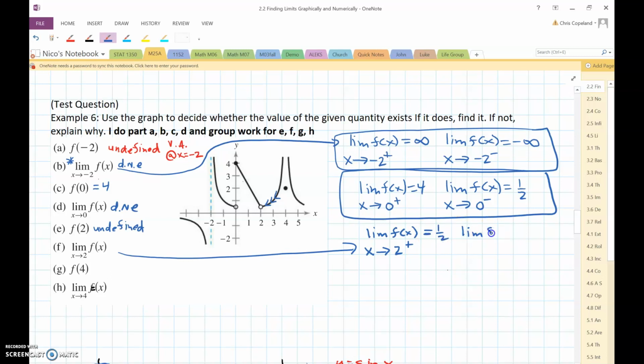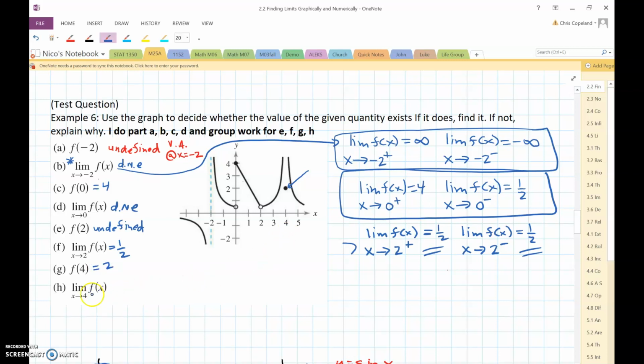And the limit of f of x as x approaches 2 from the left, that's also going to be equal to 1/2. Since these one-sided limits equal each other, we can say that this limit does exist, and it would equal 1/2. Right? Now f of 4. F of 4 would be right here, which would be 2.